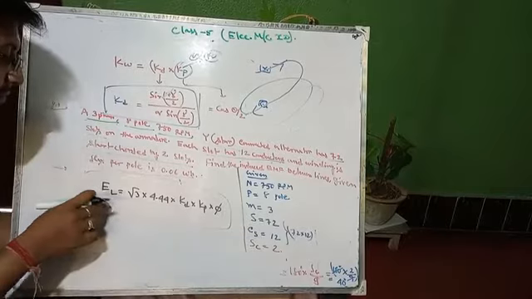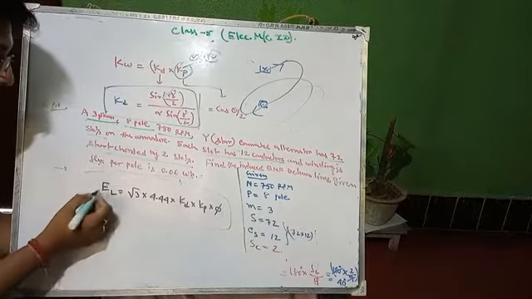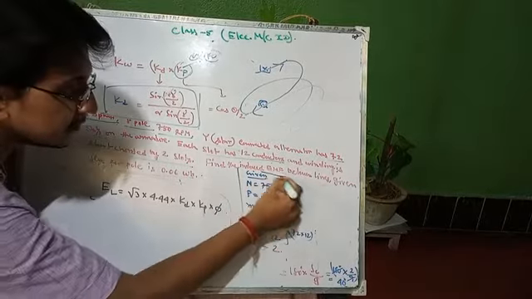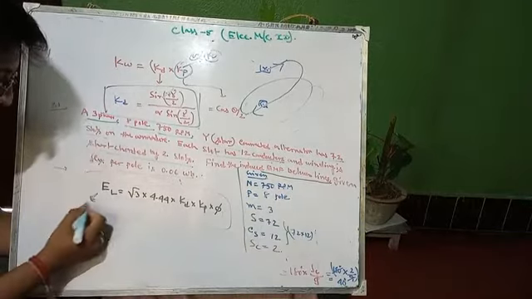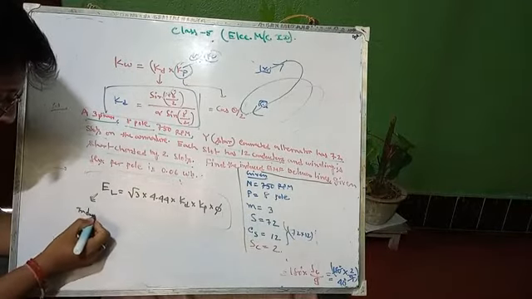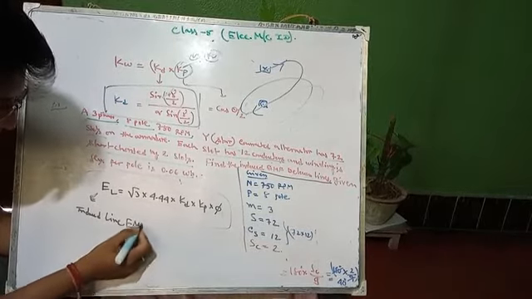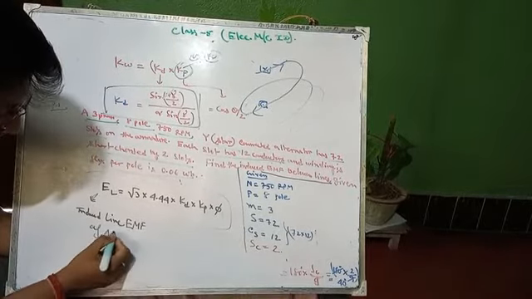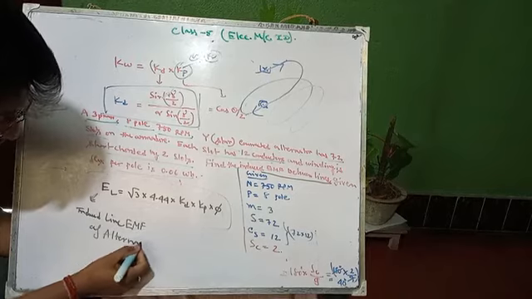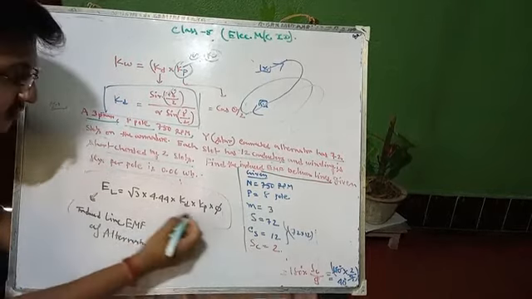Now EL equals the line EMF. EL means the EMF induced between lines, the induced line EMF of the alternator. So what is the formula?